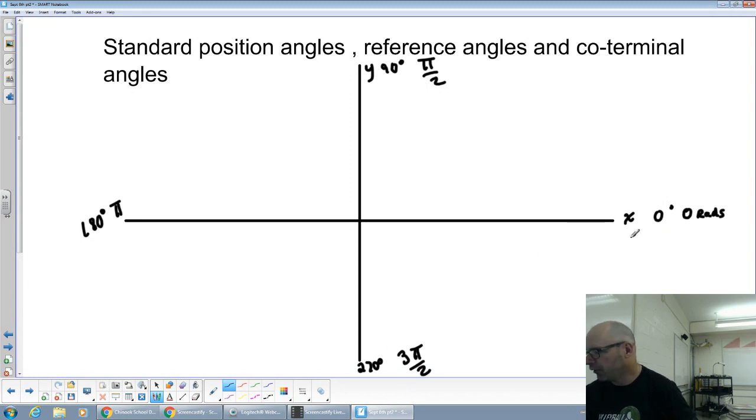And then over here, when we come back to it, it could be 360 degrees or 2 pi radians. That's a pi. Let me fix that up a little bit. This is pi, 2 pi here. Okay, 2 pi.